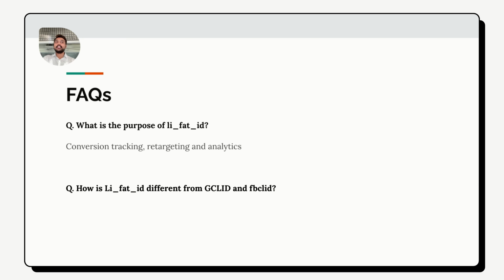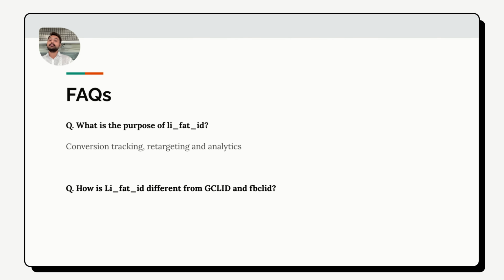Now, I have been telling throughout the blog that LFAT ID is not like any other click ID, not like FB click ID or Google click ID. So how is LFAT ID different from them? When you look at FB click ID or Google click ID, the click ID changes with each click. Every time a user clicks on a different ad, it keeps on changing.